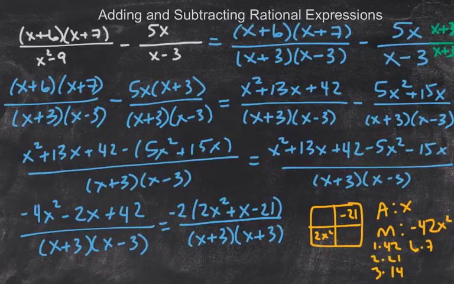So I am seeing here that positive 7x and a negative 6x will work. My outside dimensions will be x minus 3 times 2x plus 7.